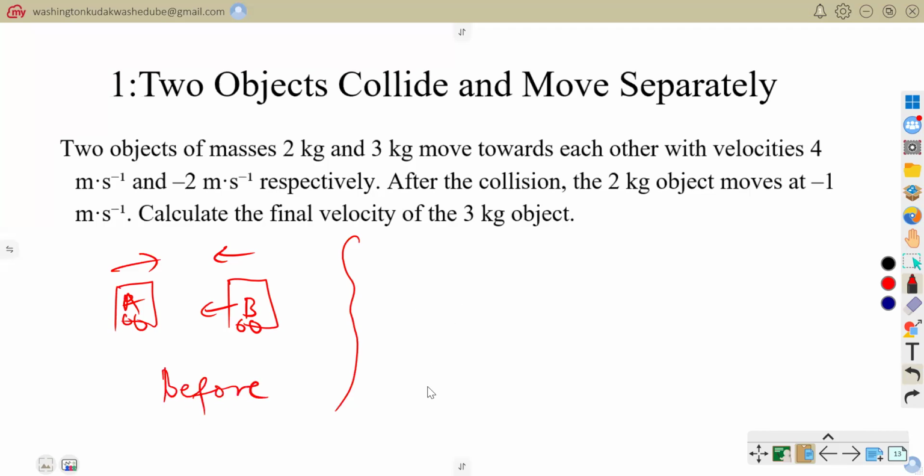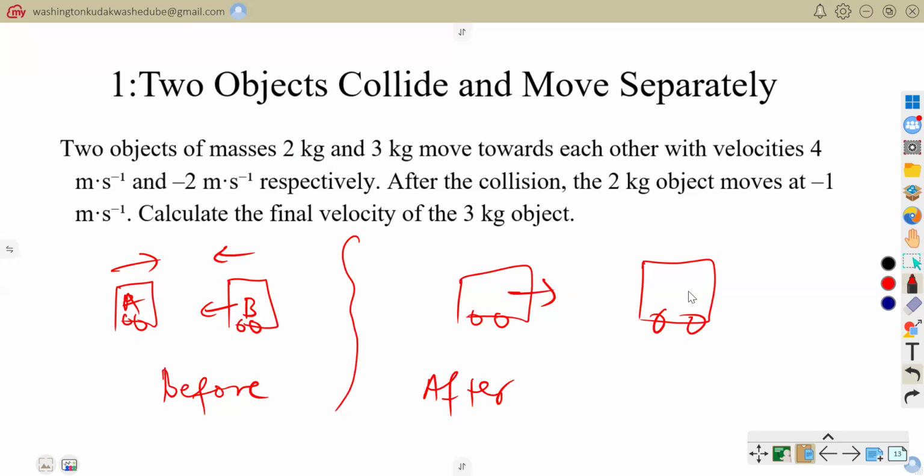And then after collision, these two trolleys will now separate. The one goes its own direction and the other goes its own direction, meaning that maybe this one will go this direction and this one will go this direction, but you would have trolley A and B separated.